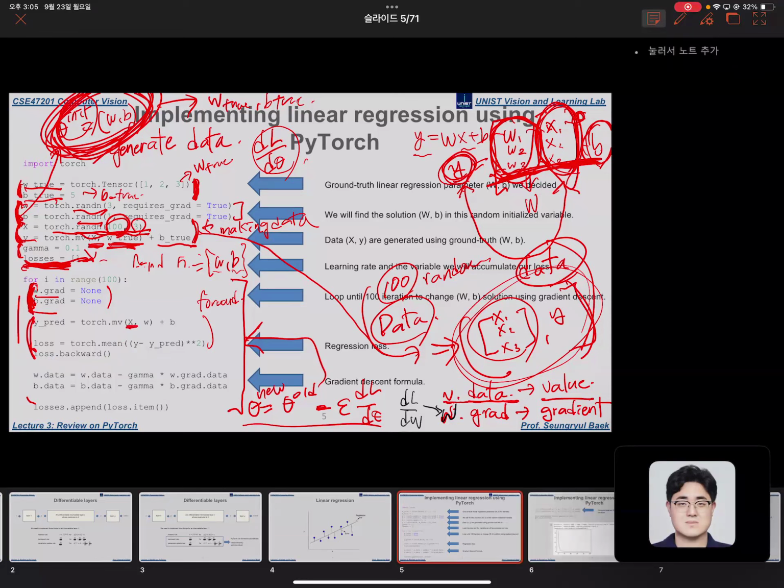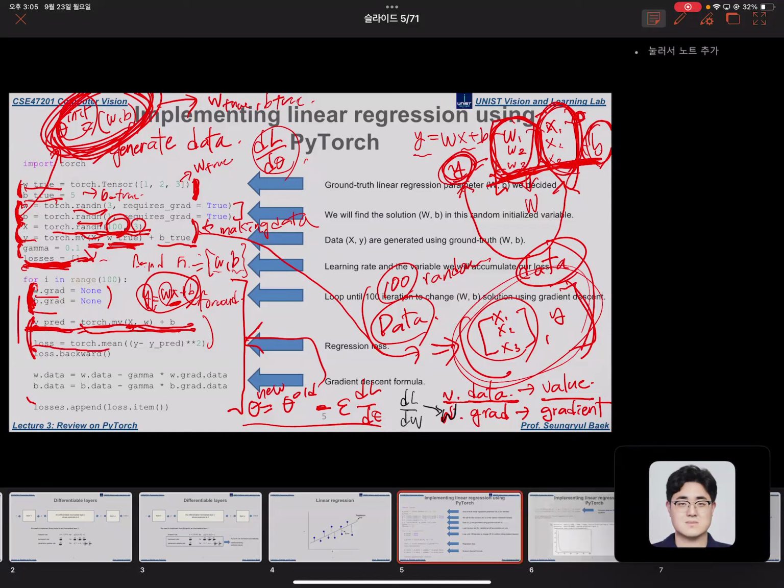Given data X, you calculate one forward pass, which is Y equals WX plus B. This is the forward rule for the linear regressor. For the input, you multiply the W matrix and add some constant B to output Y. So your prediction Y will be calculated like this.